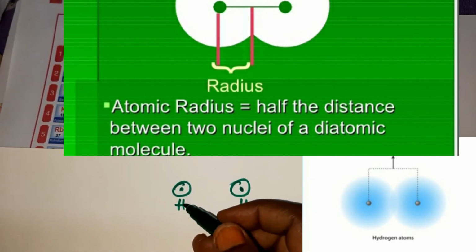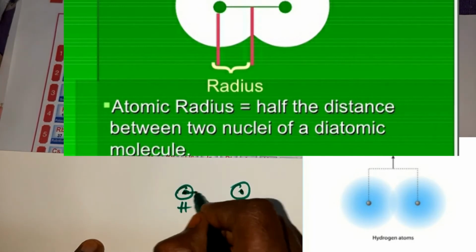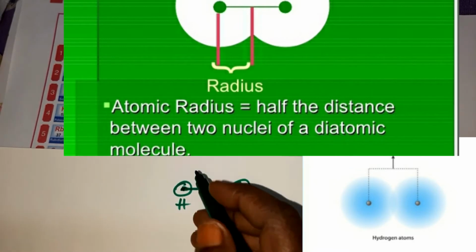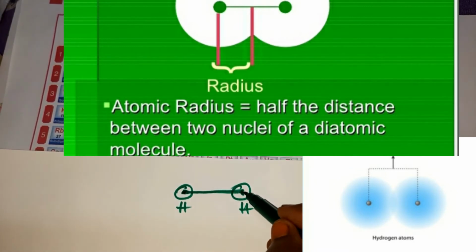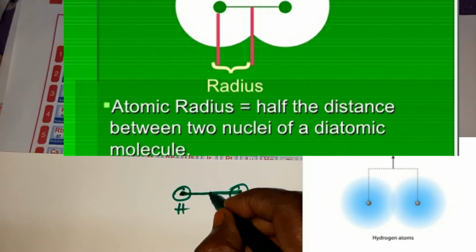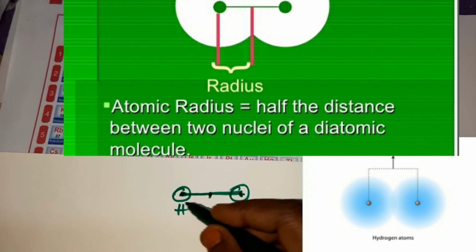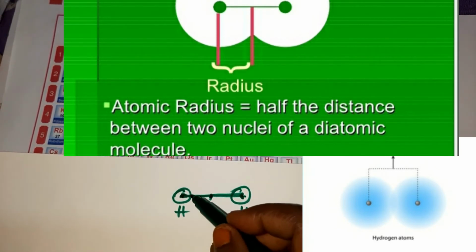The distance from this nucleus to this nucleus is the distance between the 2 nuclei. Half the distance between the 2 nuclei of a diatomic molecule, we call it what? Atomic radius.